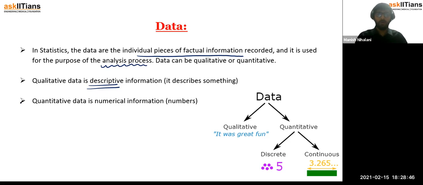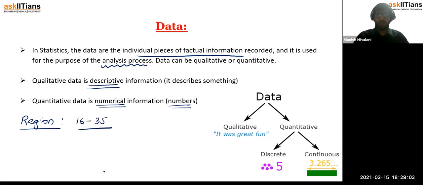Now, what do we mean by quantitative data? This is numerical information, information in numbers. For example, in a particular locality or region, the age group of the persons living around is in the range of 16 to 35.